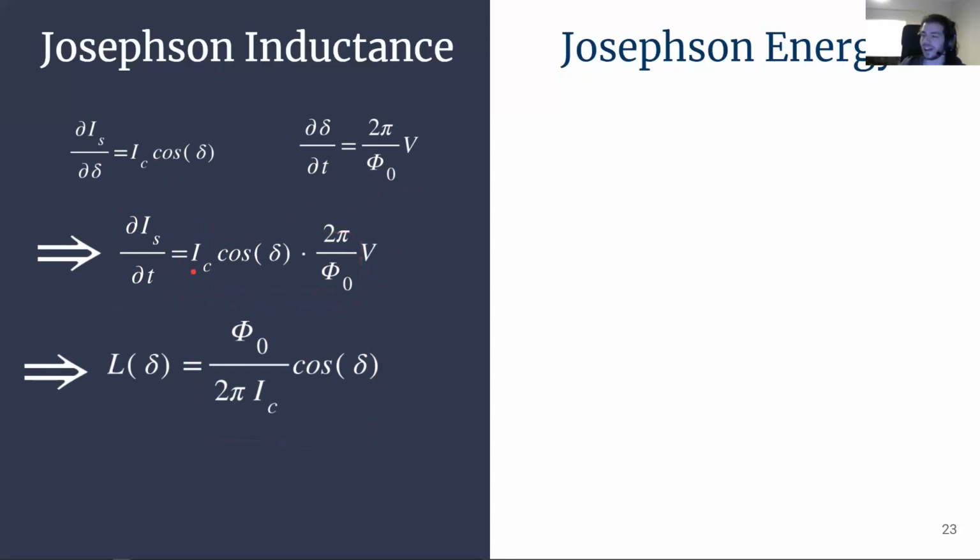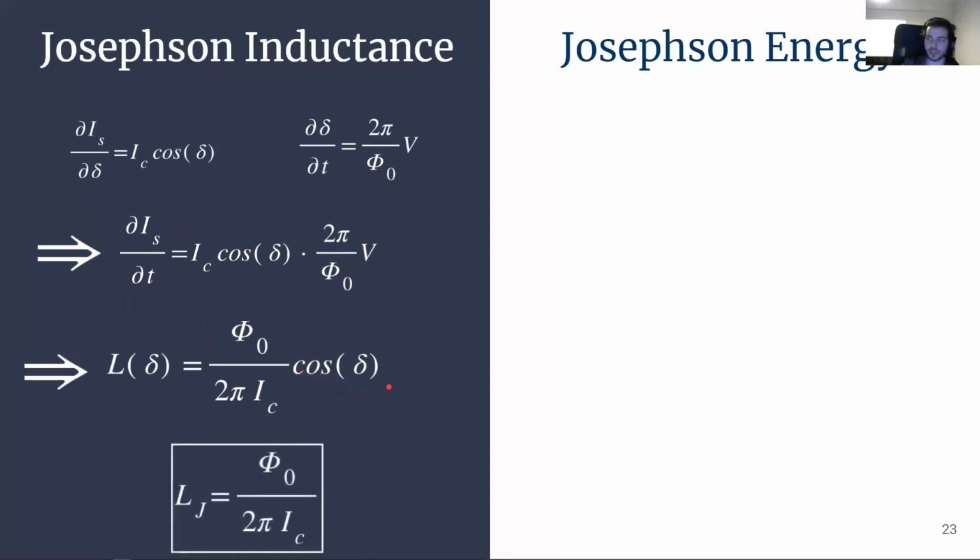So inductance times the voltage is the change of the current with respect to time. Now that we have the constant term ahead of the cosine term, we can define the Josephson inductance as the magnetic flux quantum divided by 2 pi critical current IC.